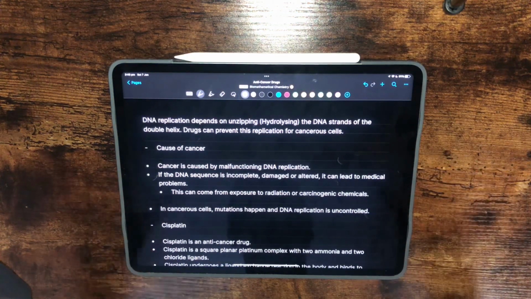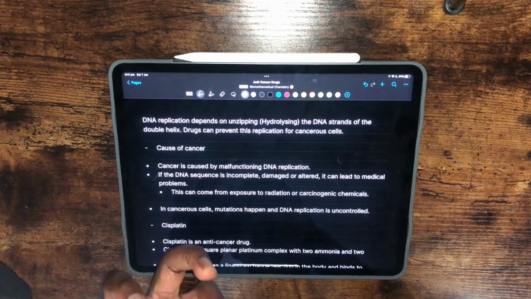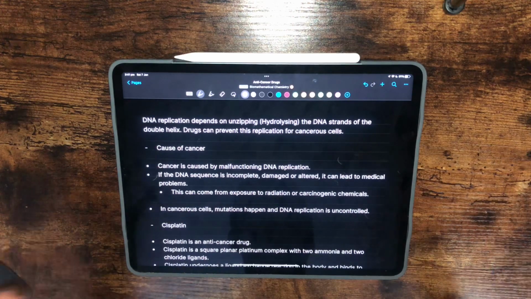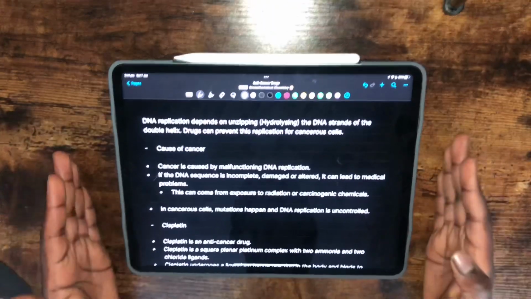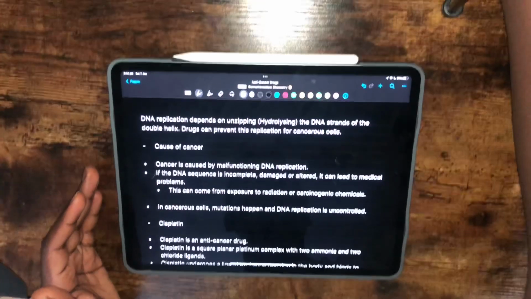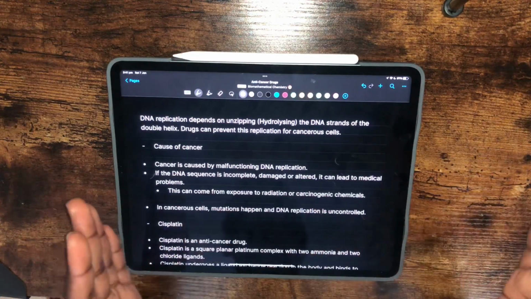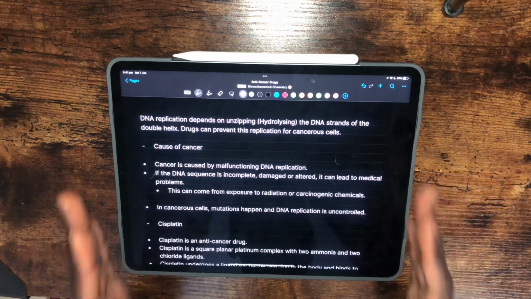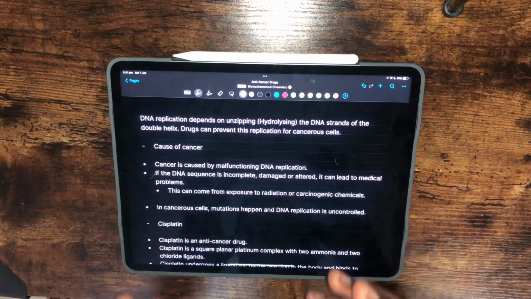If you understand the basic concept of DNA replication and cell replication, the importance of DNA replication in interphase and how that leads to mitosis later on, then that'll be very useful for understanding the basic concept of anti-cancer drugs and what they're actually doing.